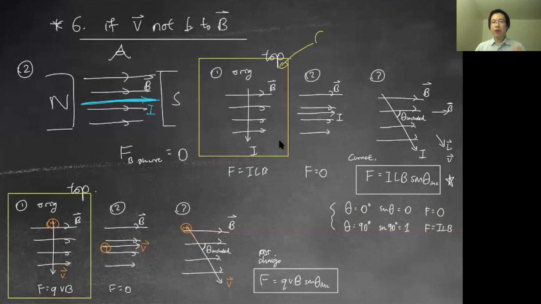A quick tip is, if the wire is pointing this way and the B field is pointing this way, the resultant force has to be perpendicular to both, right? Because of the cross product, it's L cross B in the vector version. So the force has to be either in or out. So you just need to answer, is it into the page or out of the page? And same thing over here. You can fill in the rest of the blanks yourself.